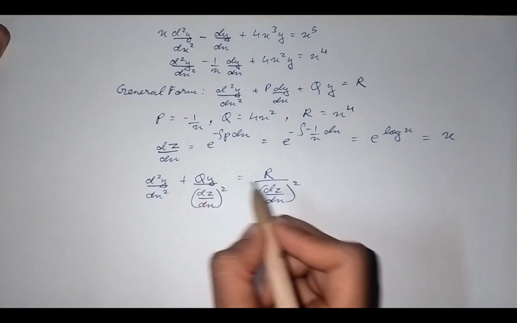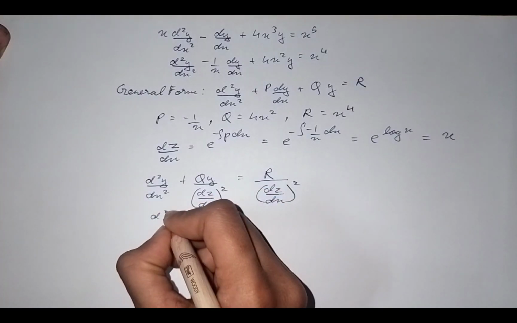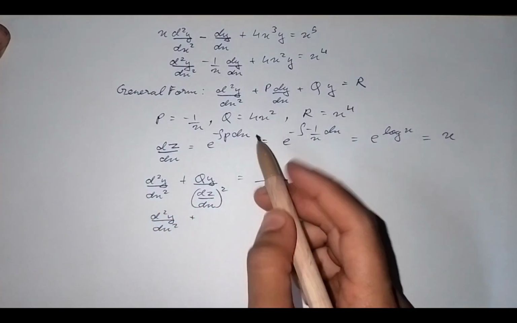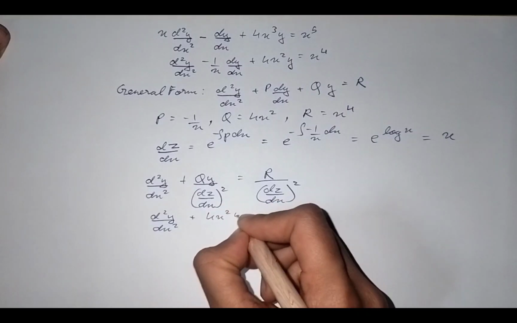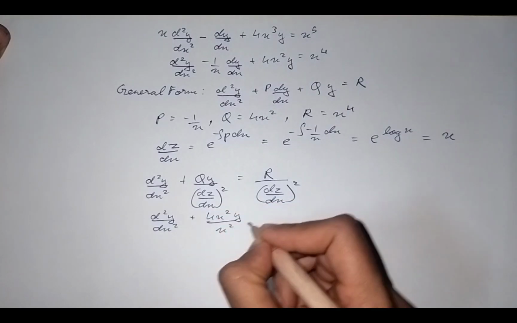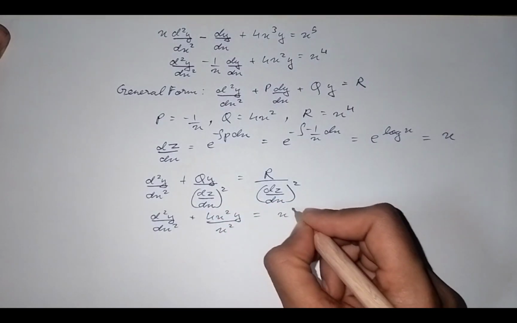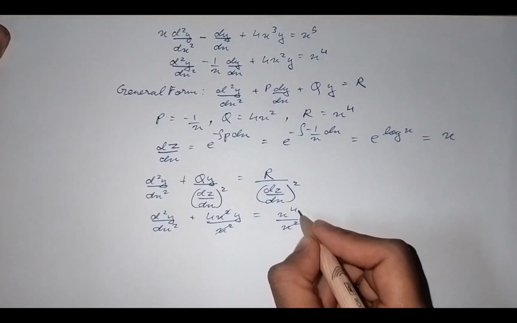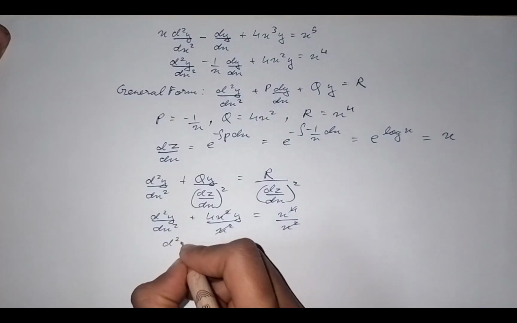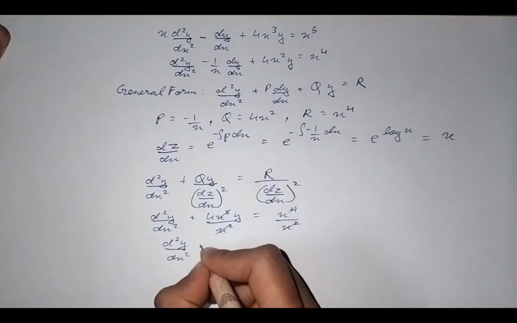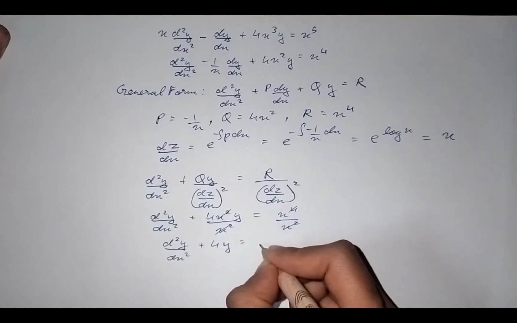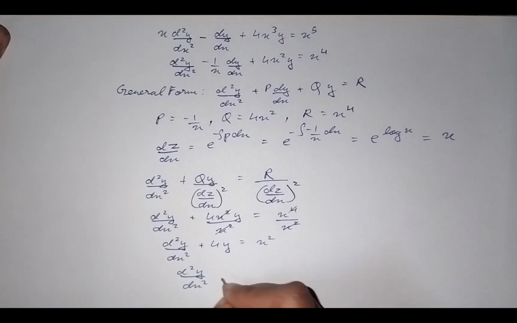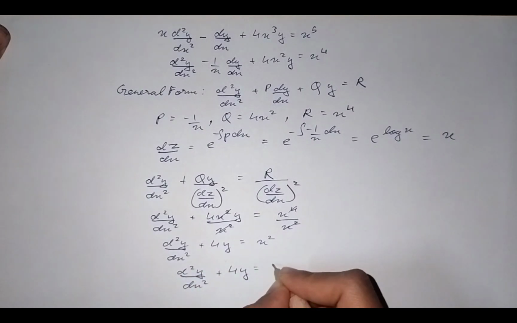Now substituting values of q and r from above, we get d square y by dz square plus 4x square y by x square is equal to x to the power of 4 by x square. Cancelling, we get d square y by dz square plus 4y is equal to x square, or d square y by dz square plus 4y is equal to z.